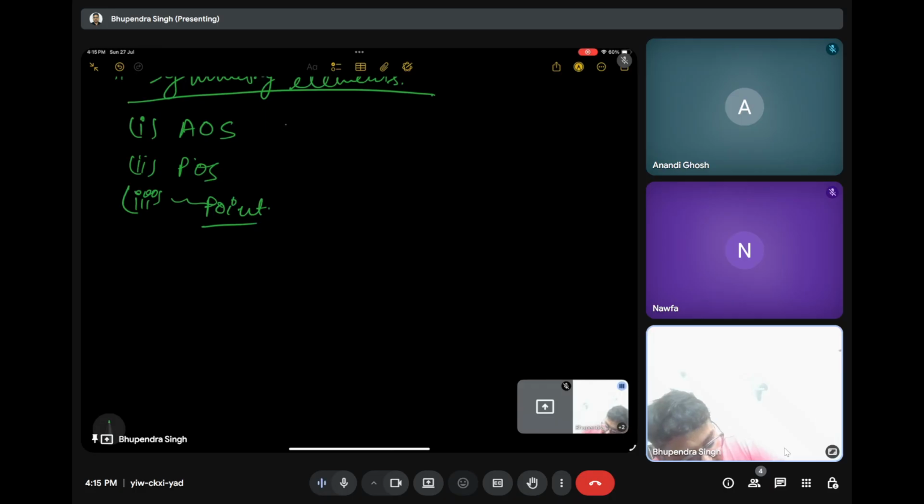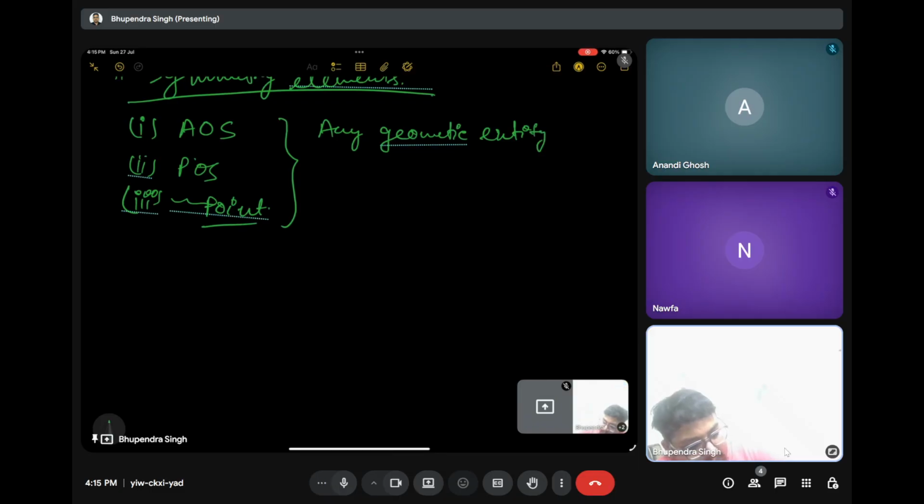So these are the elements: any geometric entity, such as the axis, plane, or point that I have introduced.